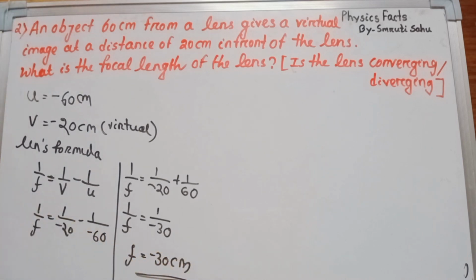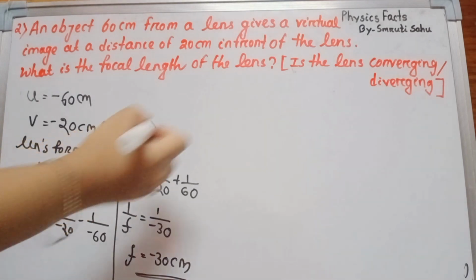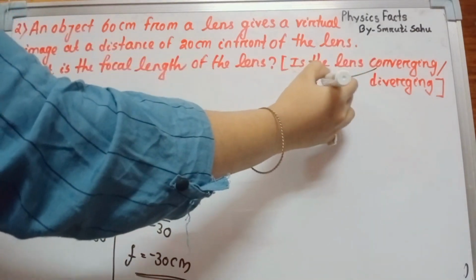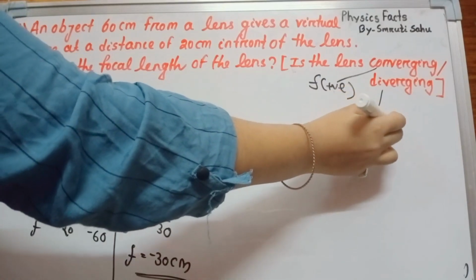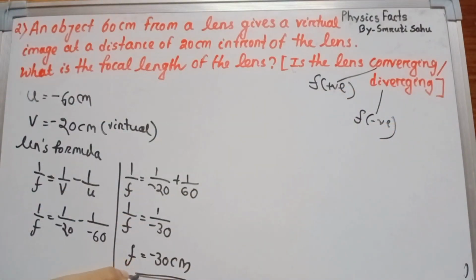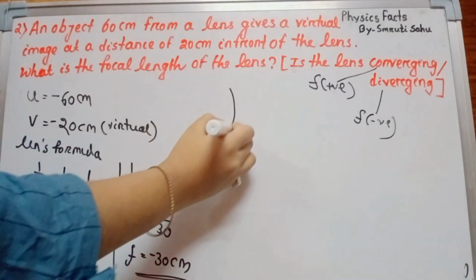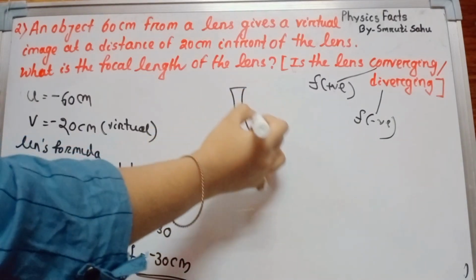As the focal length has a negative sign, what do you know? In the case of a convex or converging lens, the focal length is always positive, and in the case of a diverging lens, the focal length is always negative. Here the focal length is negative, so the lens is a concave lens or diverging lens.